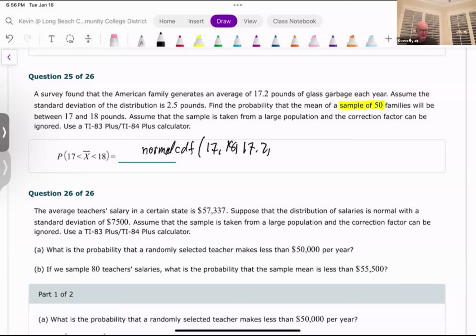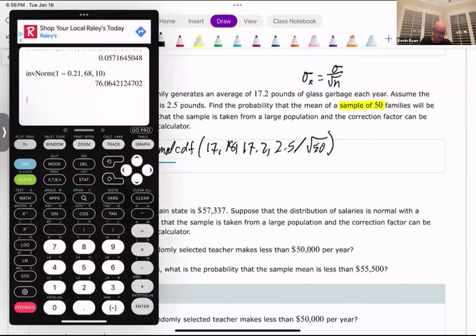Now, our standard deviation is going to change. Remember, it's this, and n in this case is the 50. So this is going to be the 2.5 divided by root 50. So this is the central limit theorem.